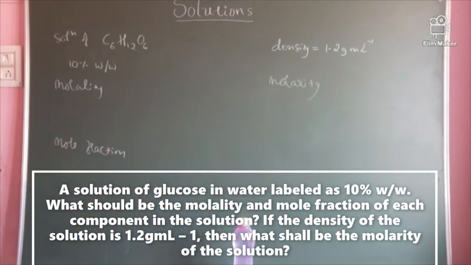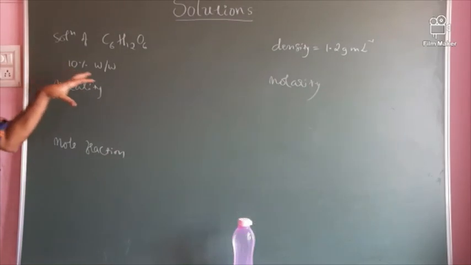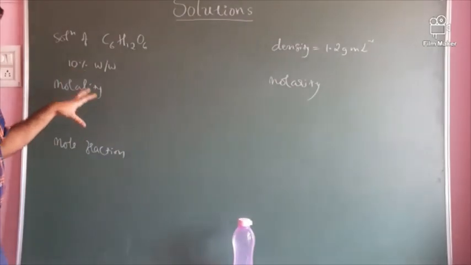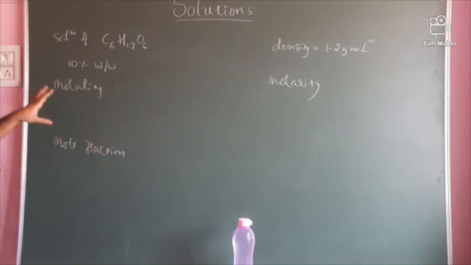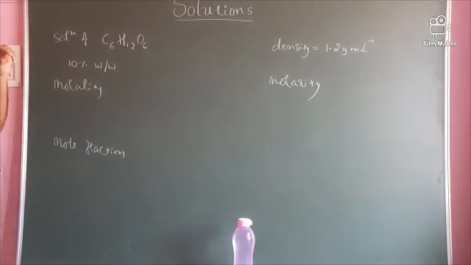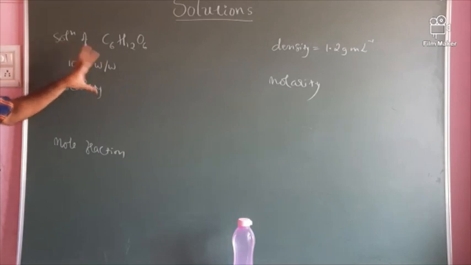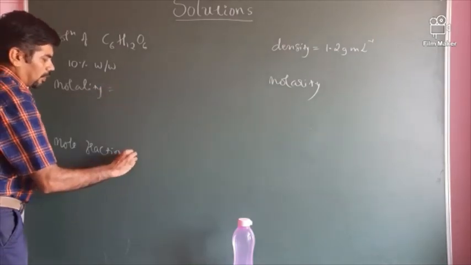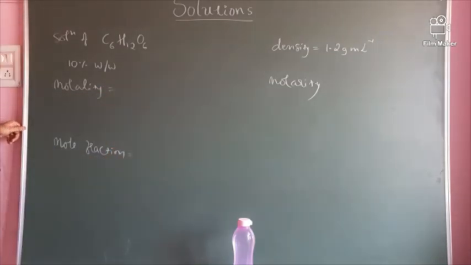I have chosen this problem particularly because here we get three different concepts: molality, mole fraction and molarity. Along with that we will have a brief idea about percentage mass by mass. To start with, we first see what the formulae are.